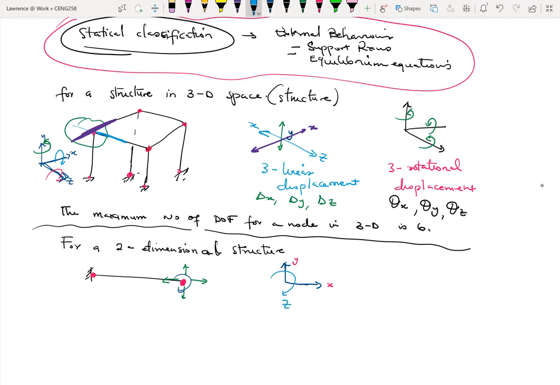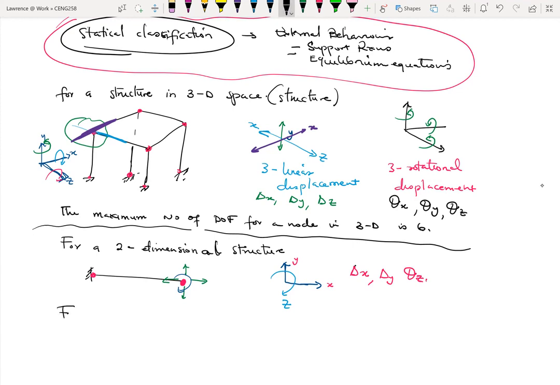So we have, let's say, delta x, delta y, and then theta z. Okay. So for any node in a 2-dimensional space, the maximum number of degrees of freedom we can have is 3.